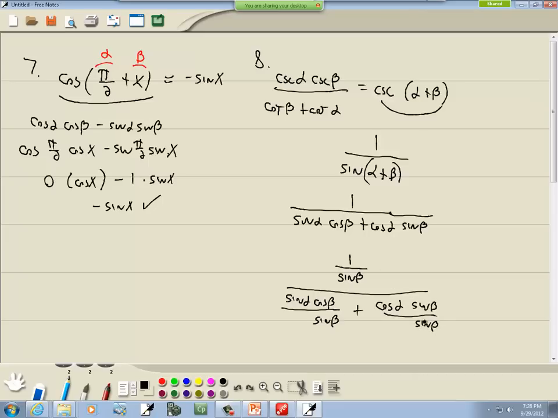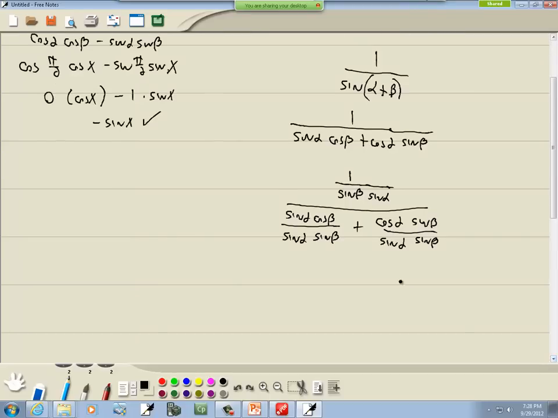So I'm dividing everything by sine beta. Okay, now that would give me my cotangent beta. Now this other one is cotangent alpha, and cotangent alpha is cosine over sine, so I would need to divide this by sine alpha to get what I want there. But again, we can't just do that one, we have to do everything. So I'll put sine alpha here, and sine alpha here.